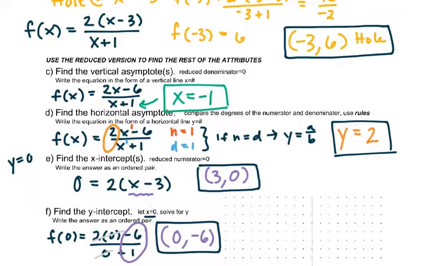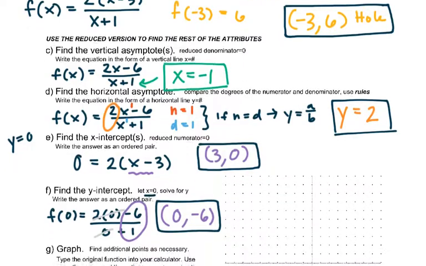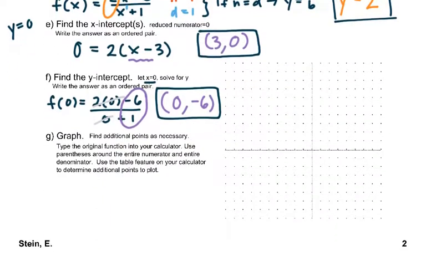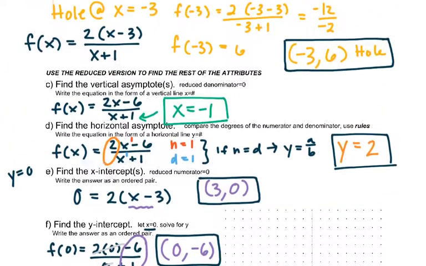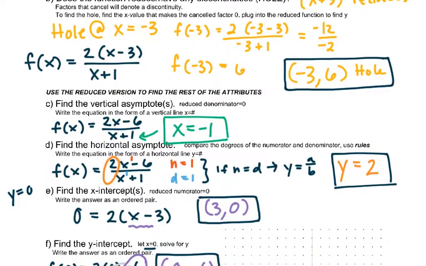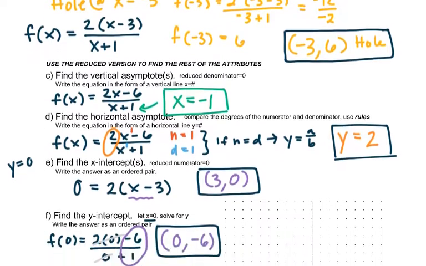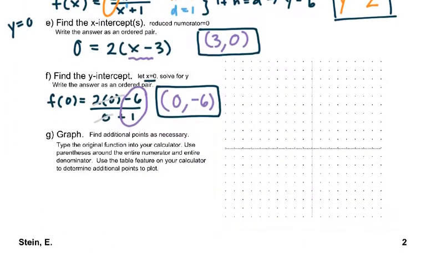So now we're going to need to graph this. In order for us to graph this, we're going to plot our vertical and horizontal asymptotes first. So we have a vertical asymptote at x equals negative 1 and a horizontal asymptote at y equals 2.